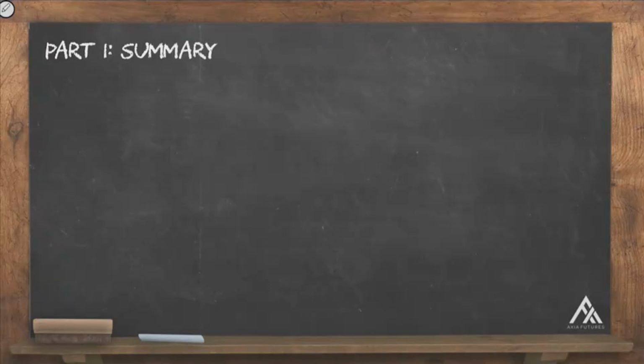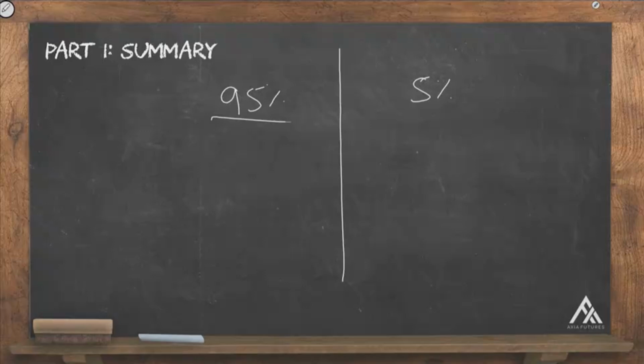Firstly, we spoke about the 95% of traders and why they happen to fail. So what you would typically do is draw 2 columns. In the one column you'd have 95% of people, and the other column you would have 5% of people. Now what you want to do is go highlight, not just today and what we've dealt with, but over time, all the characteristics that define those who succeed and those who don't succeed.